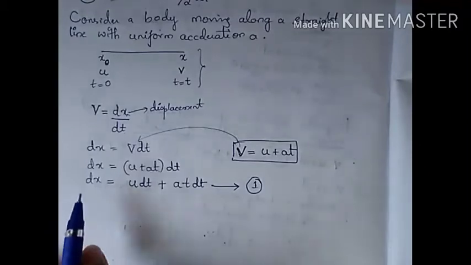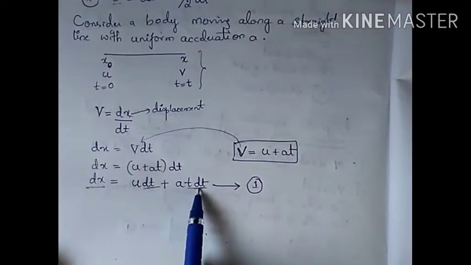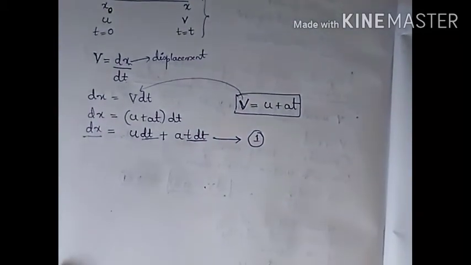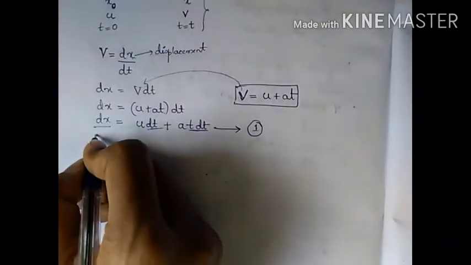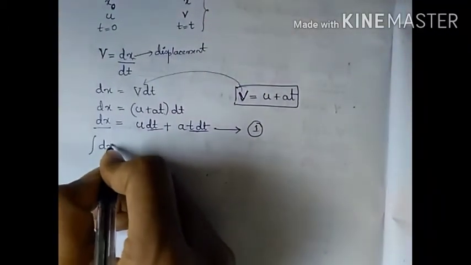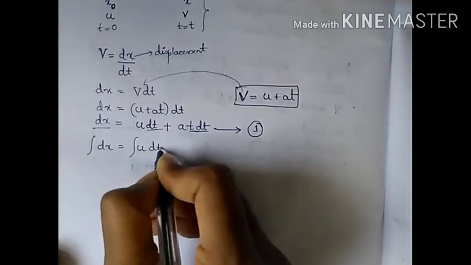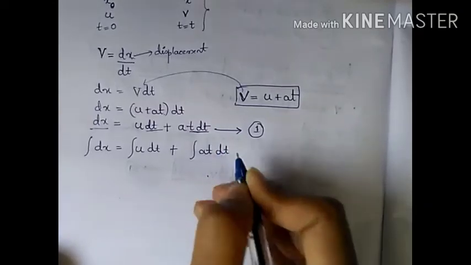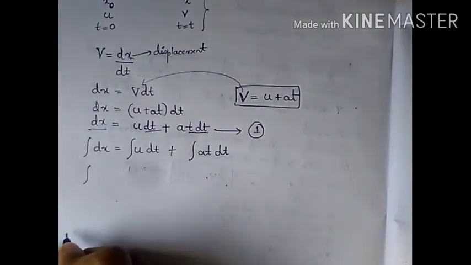Here the variables are dx, dt and t dt. Now with the proper limits, we have to integrate this equation. Integration of dx equals u integration of dt plus a integration of t dt. Now let us give the proper limits.